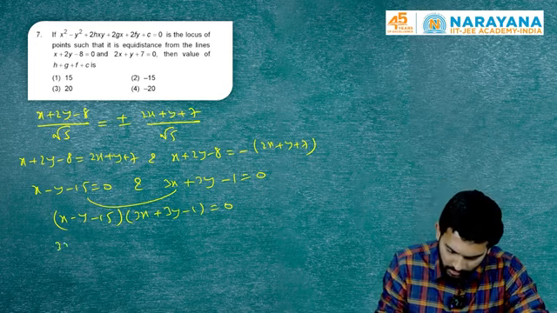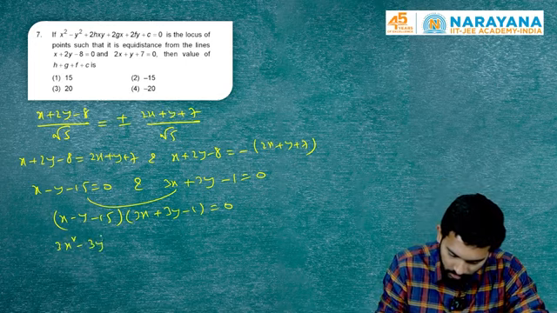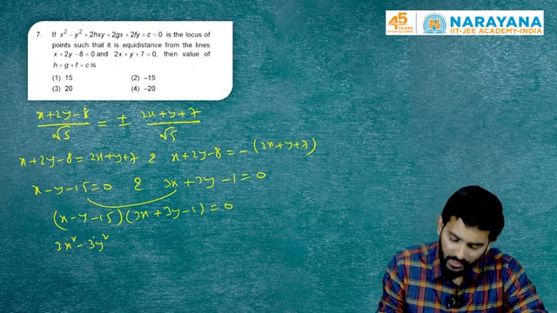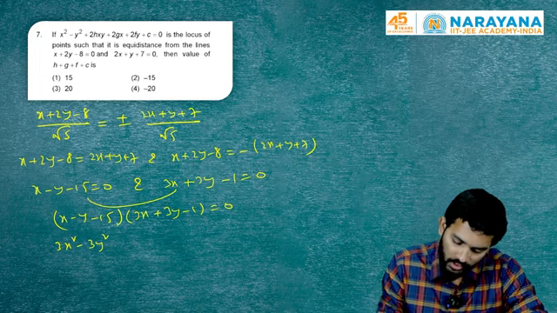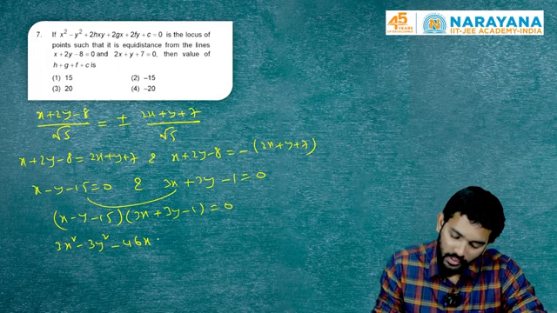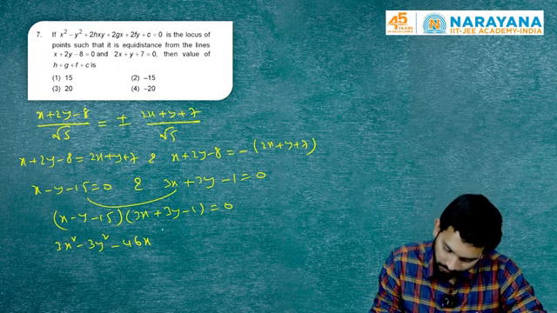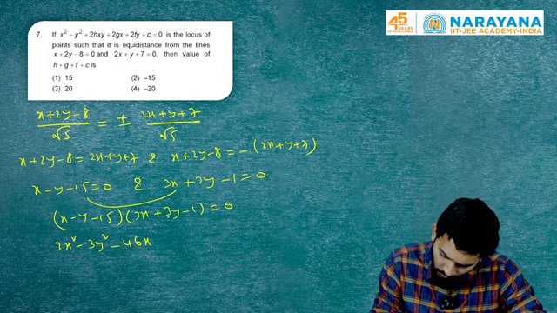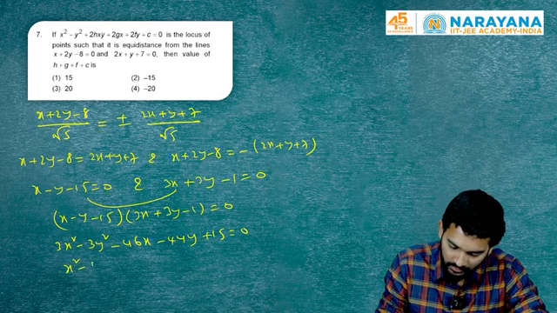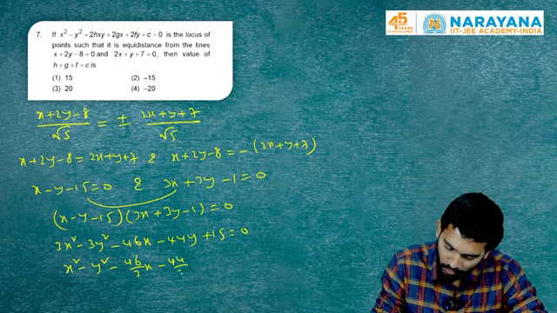So I get 3x square minus 3y square, and the xy coefficient will cancel because minus 3xy plus 3xy will get cancelled. The x coefficient is minus 45x minus x, which will be minus 46x. The y coefficient is minus 45y plus y, which will be minus 44y, plus 15 equal to 0. So x square minus y square minus 46 by 3 x minus 44 by 3 y plus 5 equal to 0.